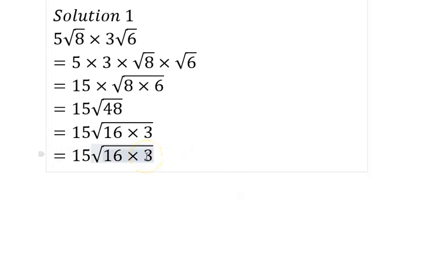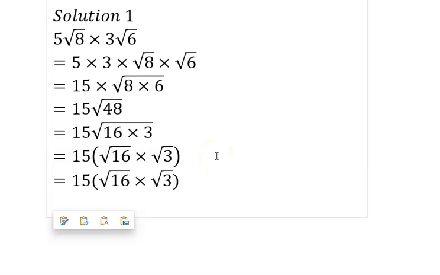So we can split what we have here as root 16 times root 3. We are still saying the same thing, because root 16 will give you a perfect square.